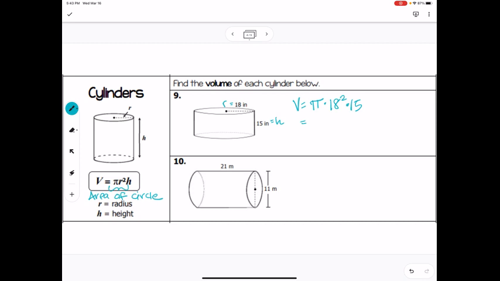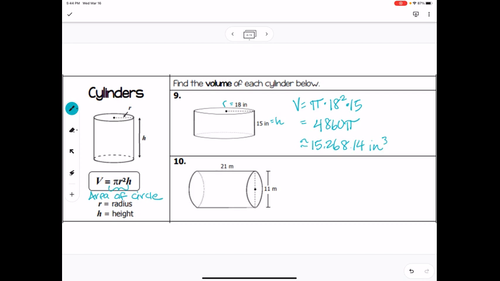And that comes out to, if I leave it in terms of pi, multiply everything else, kind of treating it like a variable, keeping it tacked on the end, I have 4,860 pi, and then when I do multiply that pi out, I get approximately 15,268.14, and that is inches cubed.